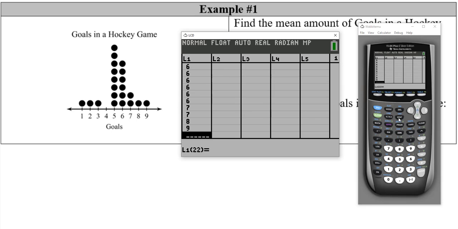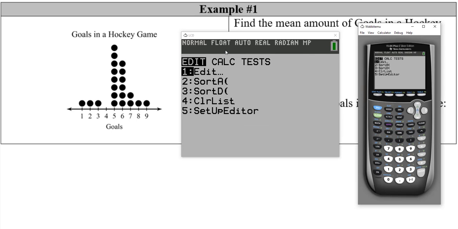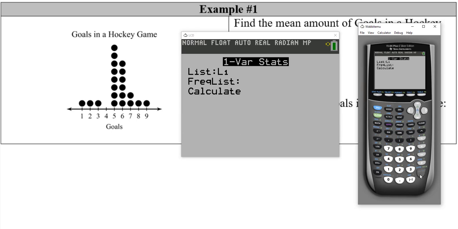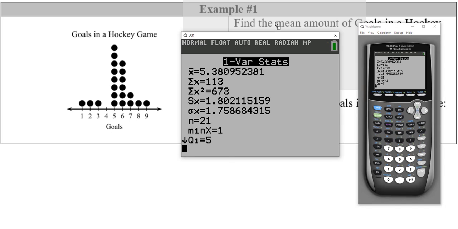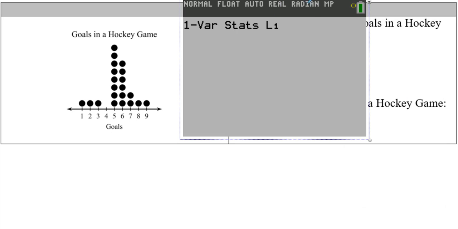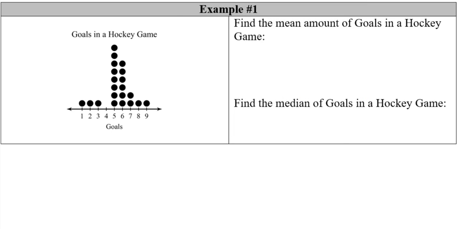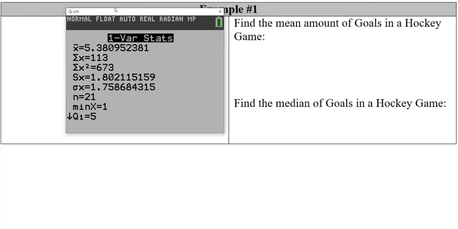Now that we got that in, let's go ahead and hit stat. We want to go to calculate, 1 var stats, and then enter, enter, enter. We can find this data. There we go.